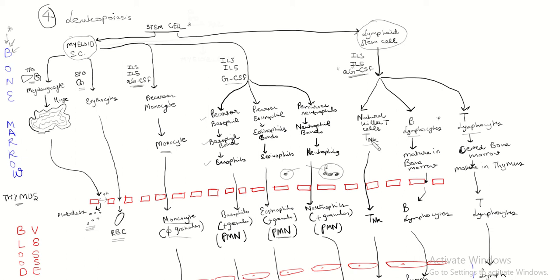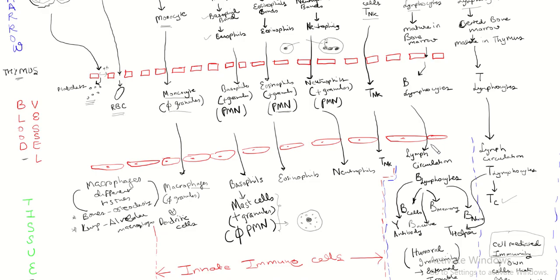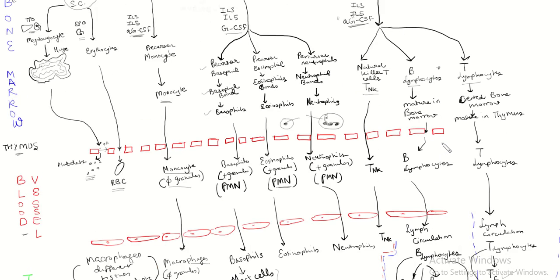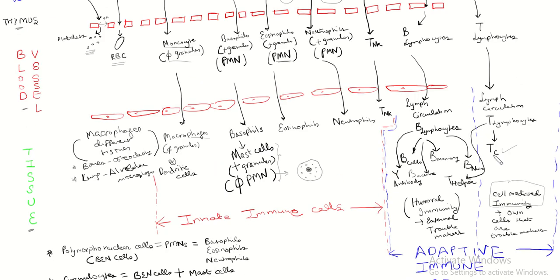And so you have natural killer cells, you have B lymphocytes that mature in the bone marrow, get in the lymph circulation, and B lymphocytes are part of the adaptive immunity that fights against external enemies, humoral immunity. And then you have T lymphocytes that fight against internal enemies or enemies within the cell, like cancer cells, tumors, and viruses which get inside the cell.